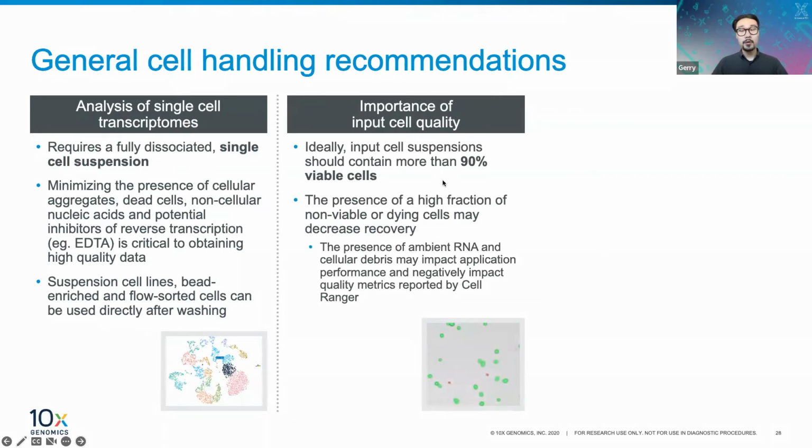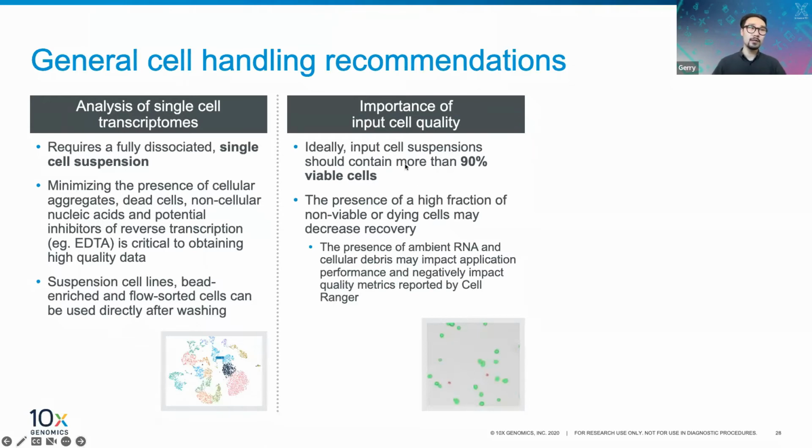The cell quality is very important. Ideally, we recommend that you input cells onto the chip that have viability of more than 90%. Obviously, this isn't always possible, so sometimes you may work with samples of lesser viability.